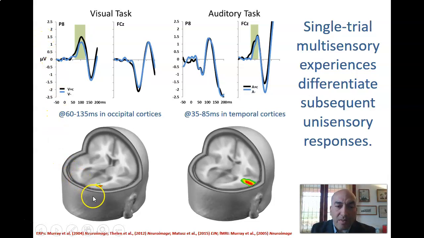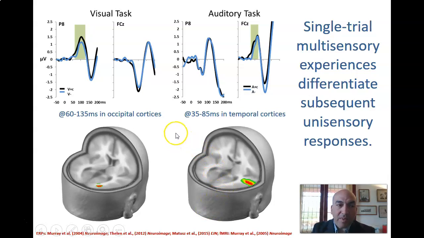These effects occur within occipital cortices. Likewise, if the participants are performing an auditory task, they can differentiate between those sounds that had been encountered in a semantically congruent multisensory context versus those of repeated sounds that had only been encountered in a purely unisensory context, starting at 35 milliseconds within temporal cortices.